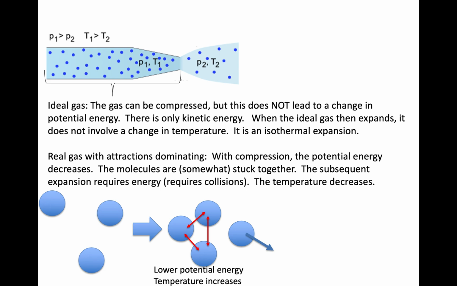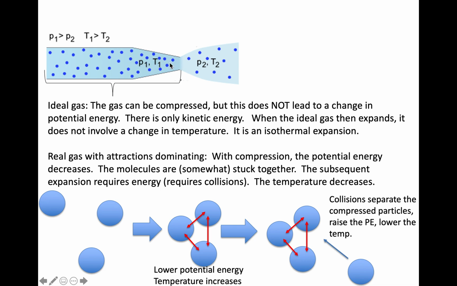It leads to a net lowering that can now allow these particles to stick together. Anytime you have a lowering potential energy, there's an increase in the kinetic energy. There's an increase in the temperature. It might be with a neighboring particle, but it's got to be somewhere. That's what's taking place in this region right here.